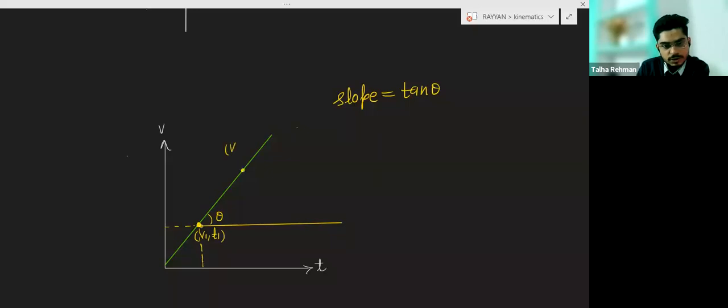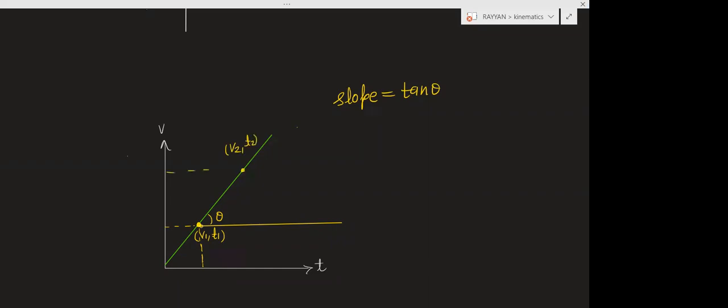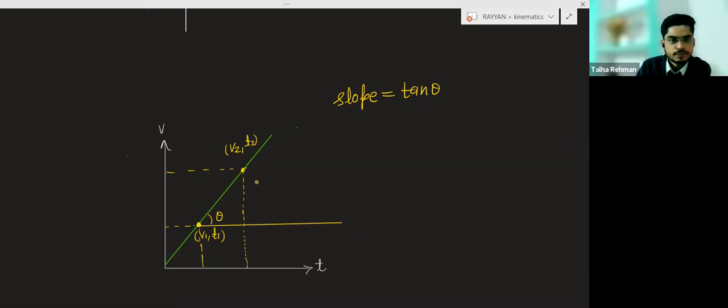Suppose at this point the velocity is v2 and time is t2. So this point will be like this.